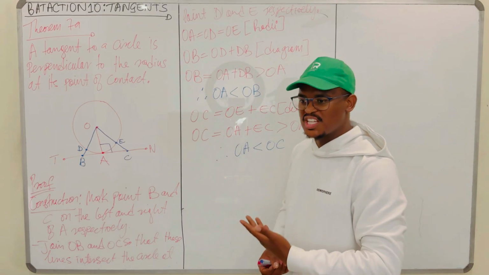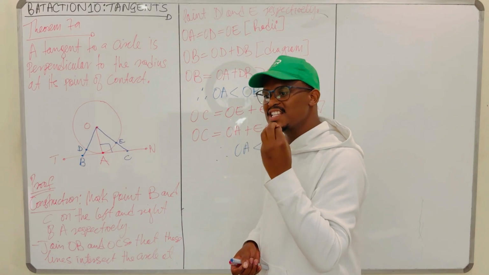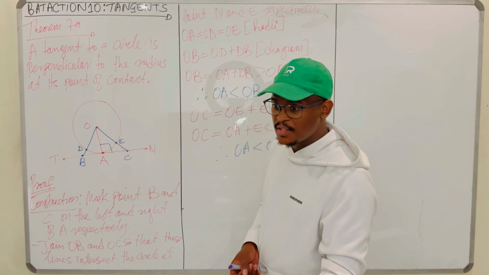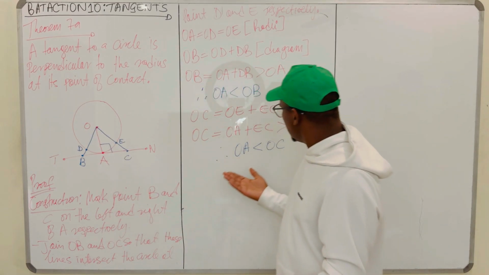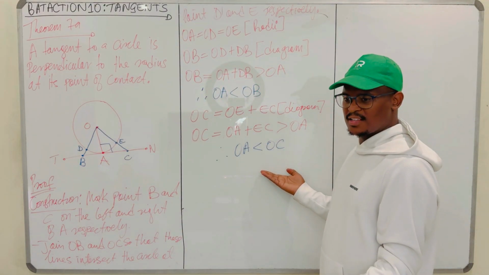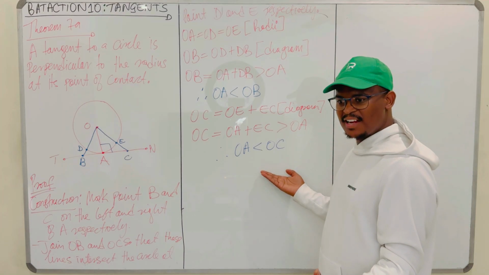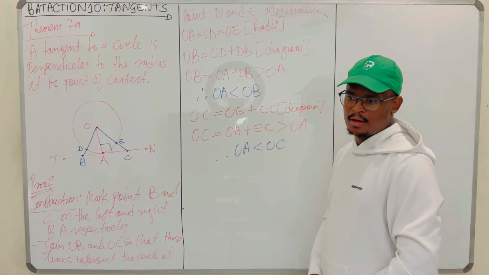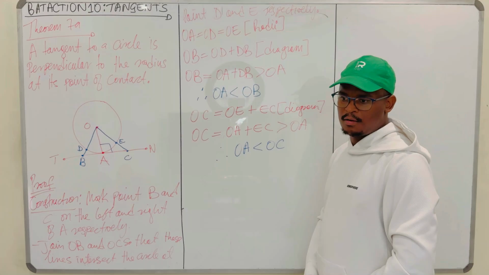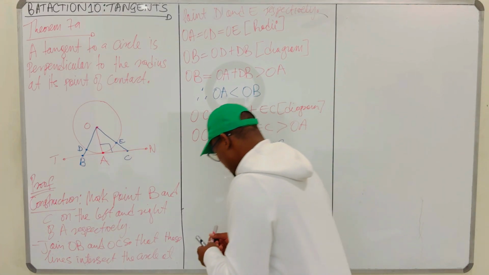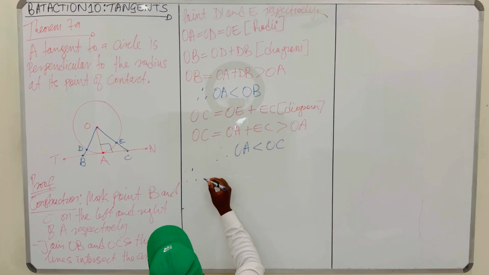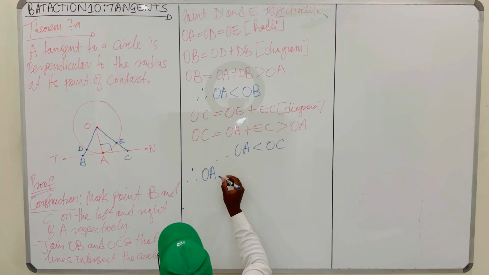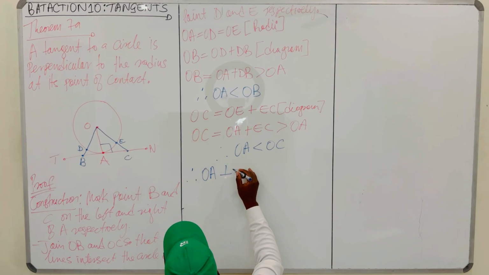By the theorem that we just proved, the shortest distance between the point and the line should be perpendicular. Does it make sense? So in that case, we can say, therefore, OA is perpendicular to TN.